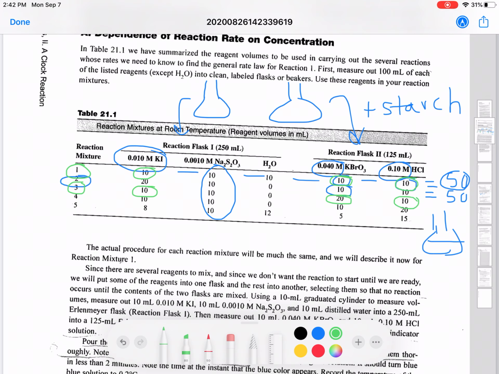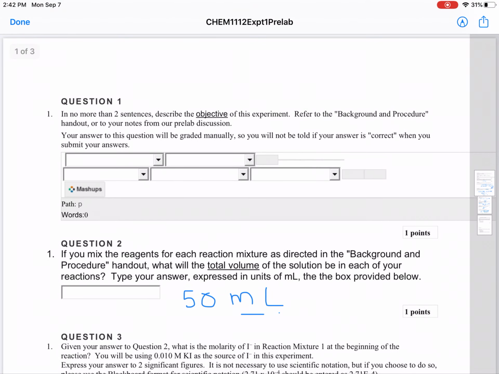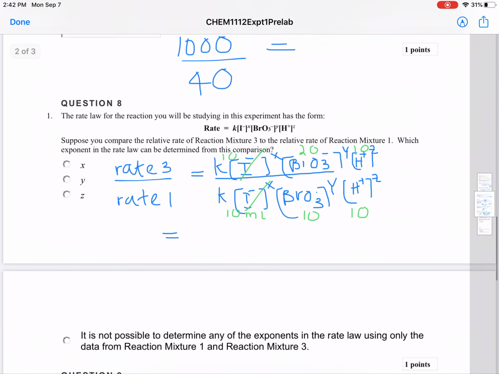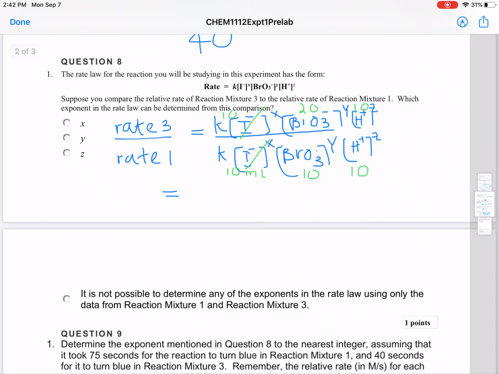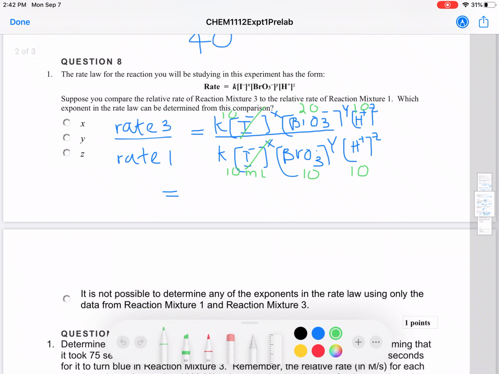So with these volumes, when you convert to concentration in the 50 milliliter sample, they're going to be the same. Whereas for the bromate it's going to be 10 and 20, so that's going to be different. Correct? Because of that, when you divide rate 3 by rate 1, the terms iodide and H plus are going to be the same, so they will cancel.